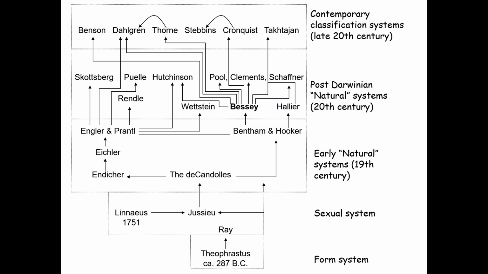So the punchline, the take home that you should get from this image is, wow, characterizing and classifying plants is so difficult that it's taken dozens and dozens of really great minds over hundreds of years, thousands of years, to get where we are today, and it is still a work in progress. This is a very difficult thing to try to classify plants and understand their relationships and their names.